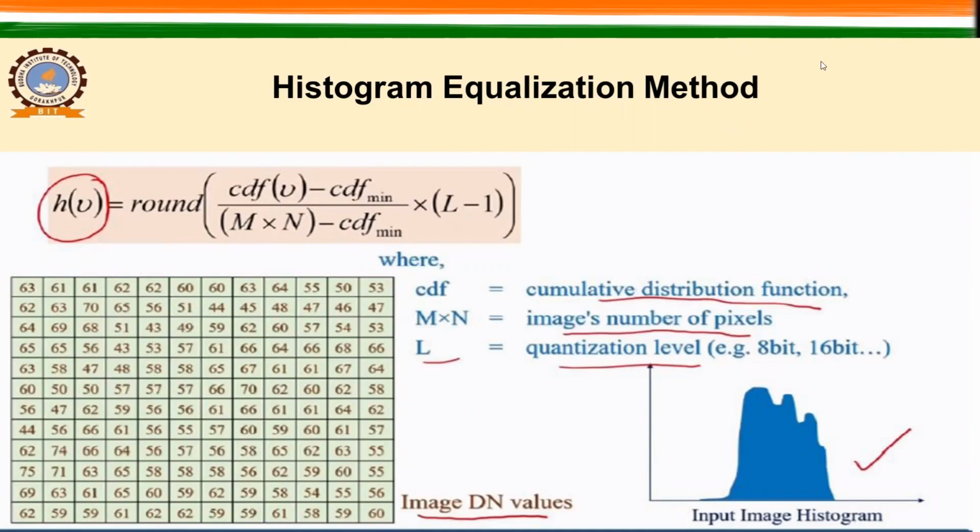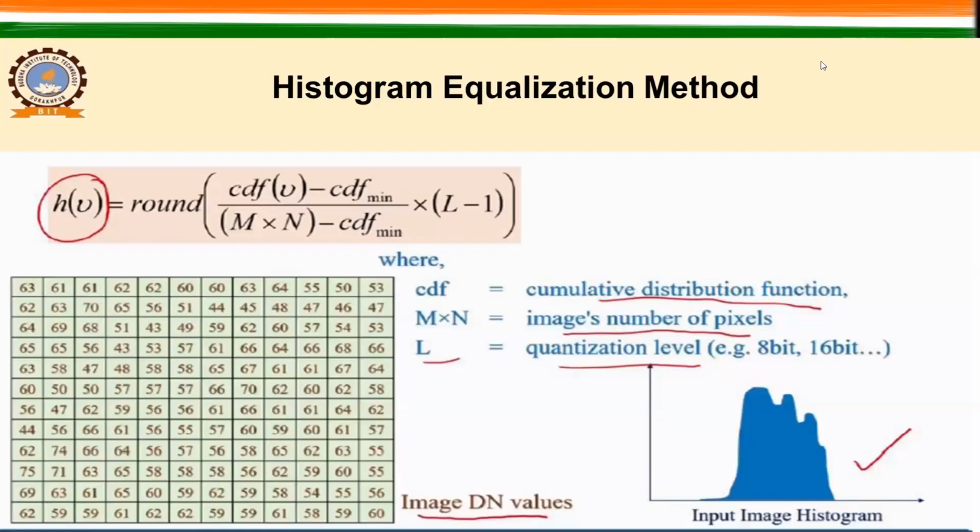So this is one example. I'm going to show the solution where we are having an image of DN values, and this is basically an image, but I am looking at the values, right? And this histogram appears something like this. Now, when we are having this image and this histogram, how do we apply this particular formula, right? So how do we do it?